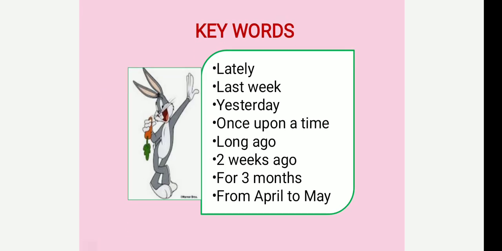These are the keywords we use while writing a sentence in past tense: lately, last week, yesterday, once upon a time, long ago, 2 weeks ago, for 3 months, from April to May. These are a few keywords we use while writing a sentence in simple past tense.